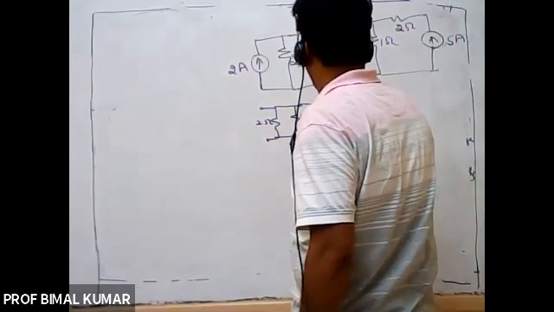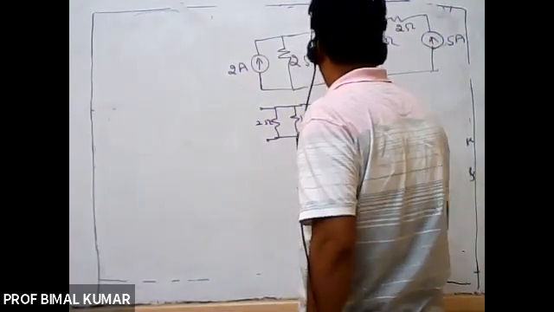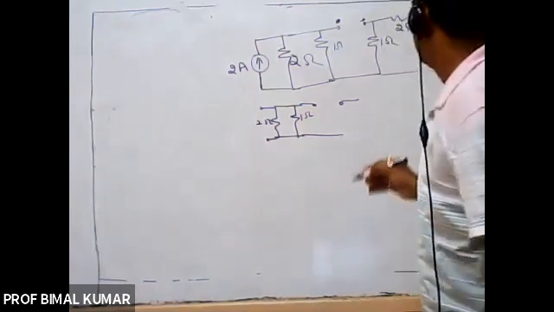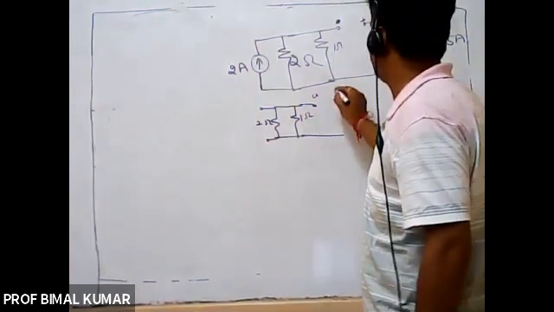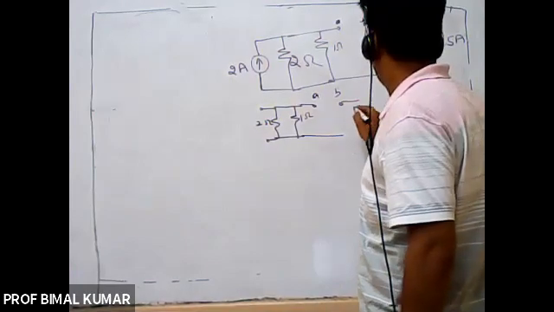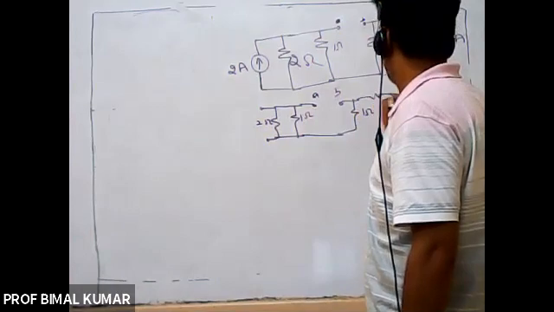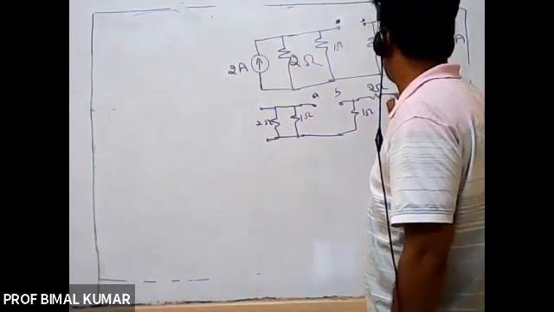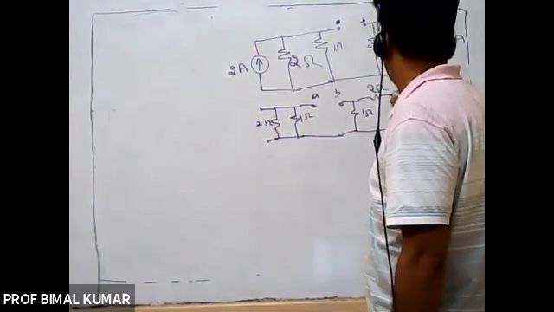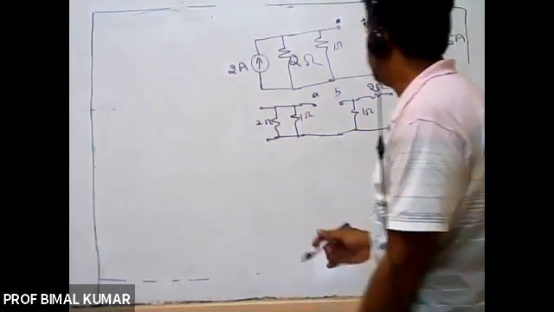So this will be 1 ohm, and here, this is your terminal A, this is your terminal B. This is again 1 ohm. This is your 2 ohm, and here this current source will be again open circuit, right?